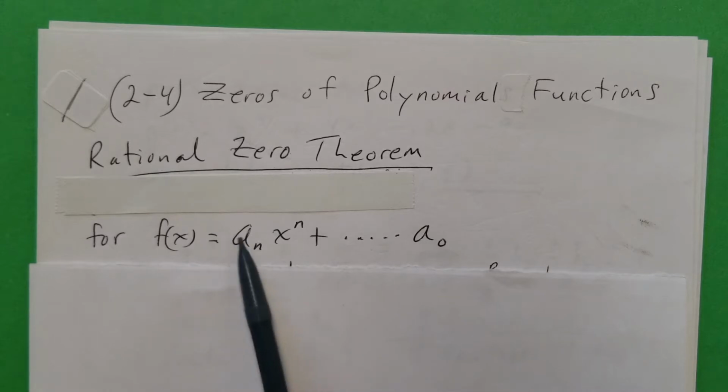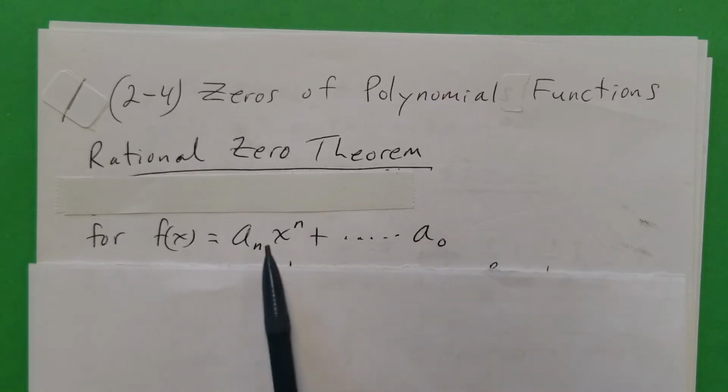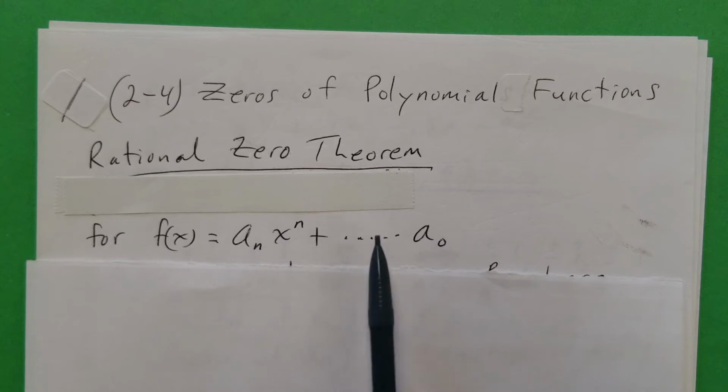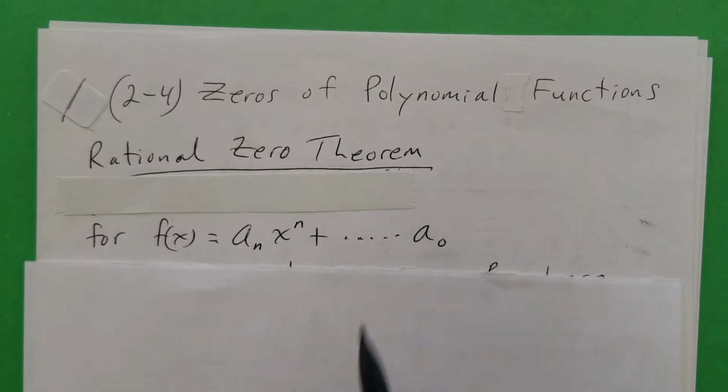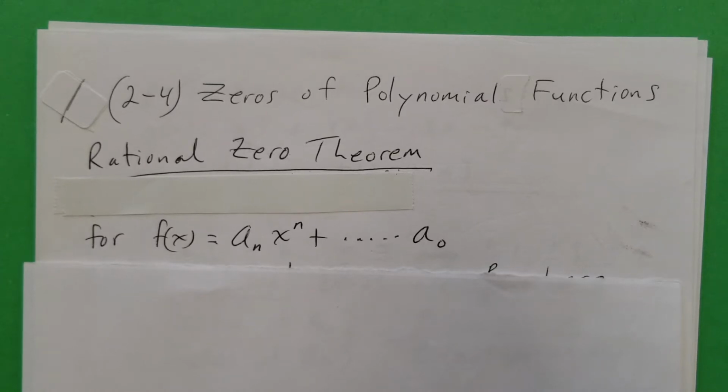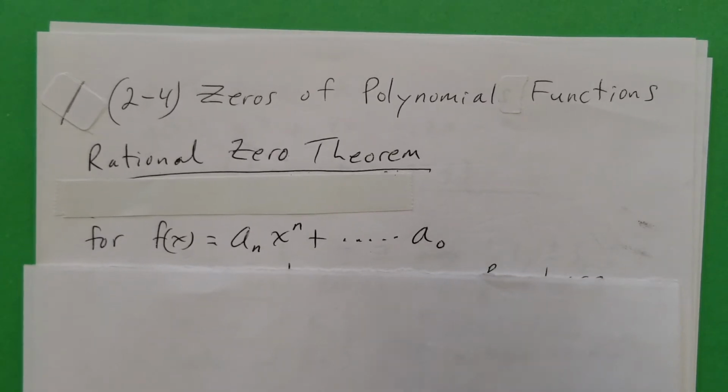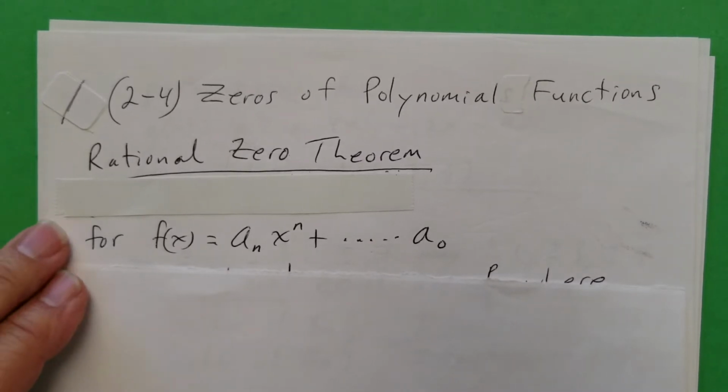If you see a long polynomial, it starts with some high degree and it goes all the way down to a number without the x, right? That's how they usually go. So this rule says that you can take the first coefficient, the first number you see in this long polynomial, and the last number you see, and work with those two numbers and figure out the possible zeros, rational zeros.